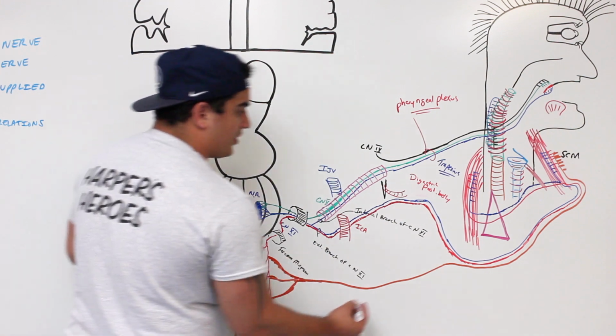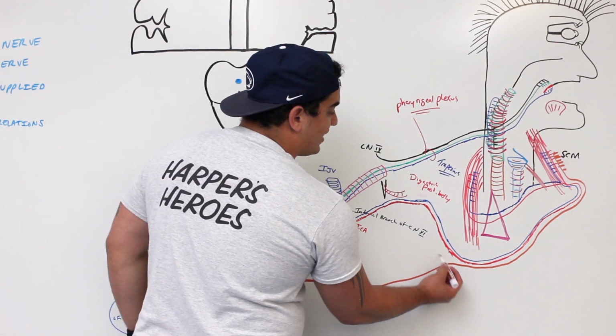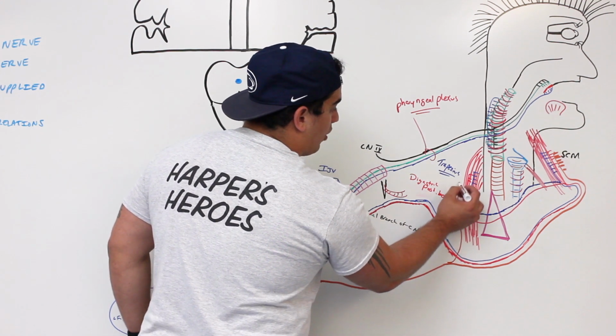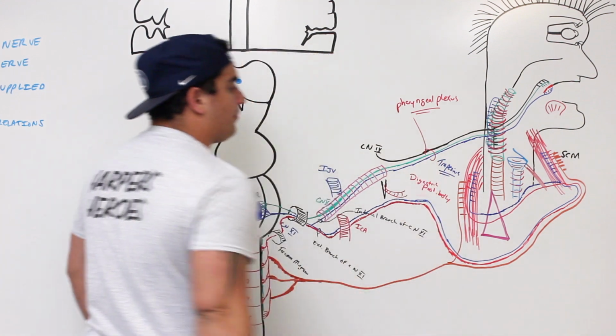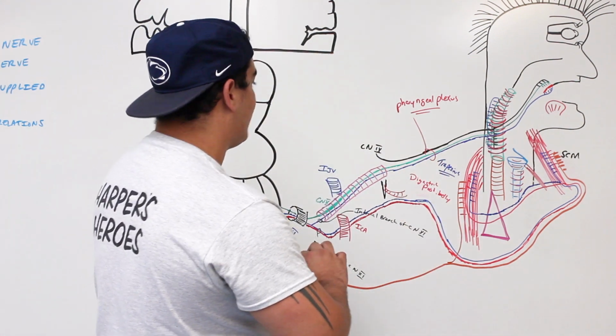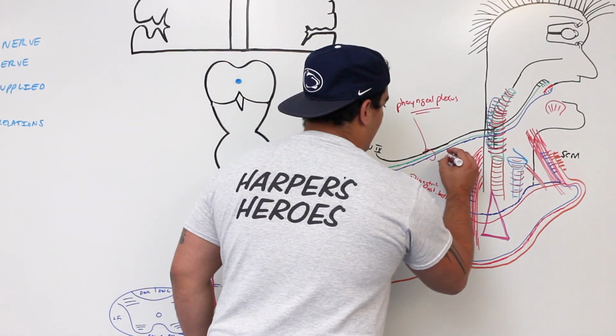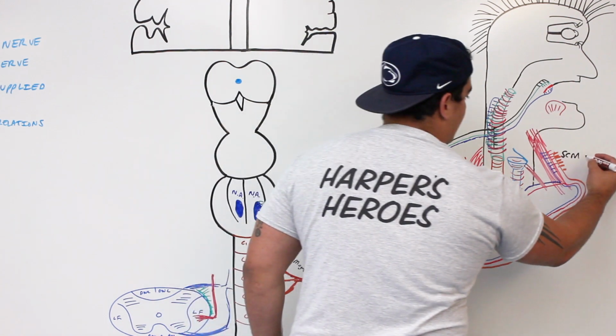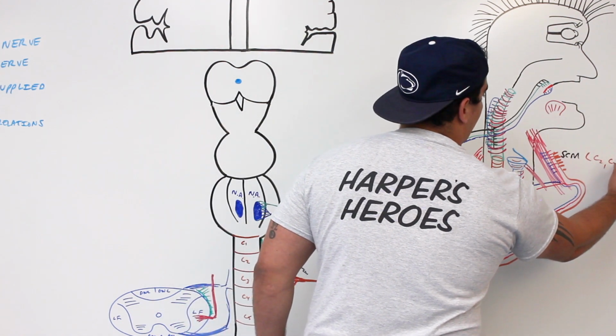From C3 and C4, you're going to have another branch, and this is going to go and supply the trapezius. So the trapezius is getting contributing branches from C3 and C4. The sternocleidomastoid is getting contributing branches from C2 and C3.